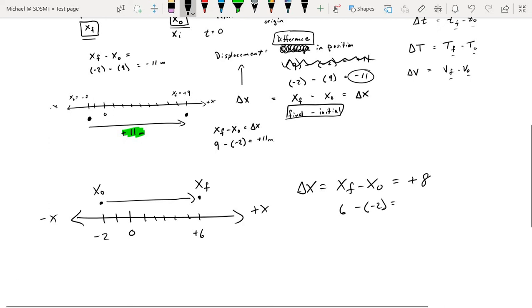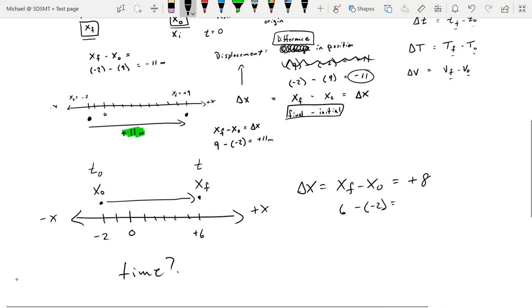Well, now that we've made this displacement, let's talk about how much time it took for us to do that. And we'll take out our stopwatch, and at our initial position there's going to be some time value associated with that position.